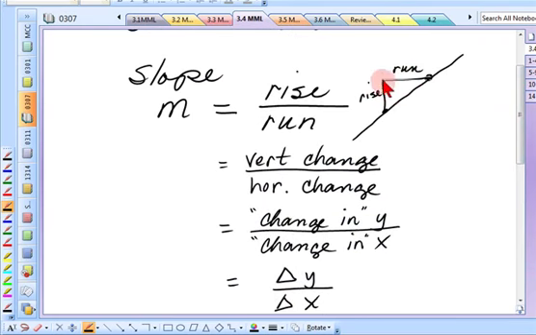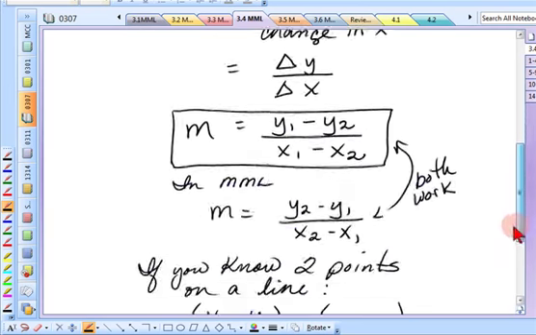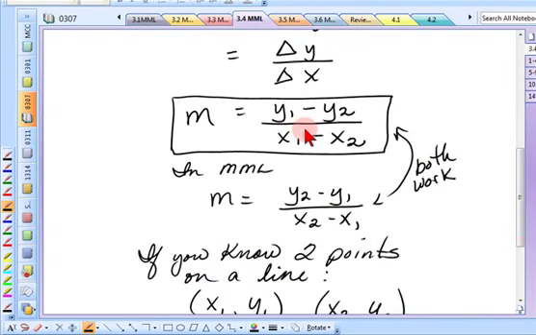We're just going to count the rise, we're going to count the run, we're going to write it as a fraction. Another thing we're going to do is use the formula if somebody says, hey, here are the coordinates of 2 points on a line, let's find the slope. And we're literally going to grab the numbers, put them in there, and crank out the fraction.